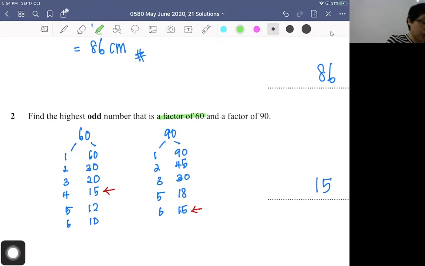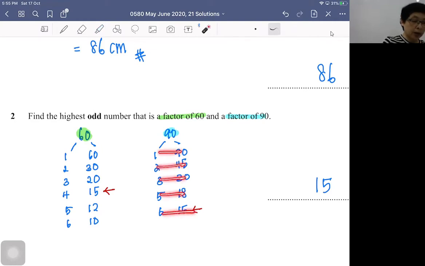If we are looking for 60, we find all the factor pairs, starting from the smallest factor multiplied by the biggest factor, the first pair, and we list on and on. Then we do the same thing for 90, listing down the number pairs. By doing this, you are assured that you miss none of the factors.